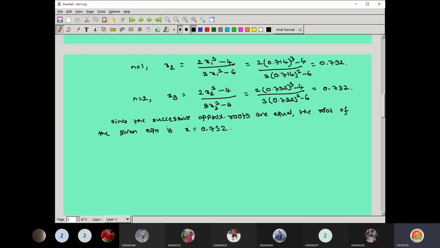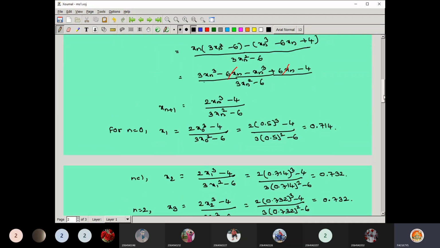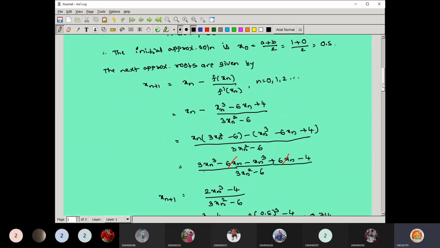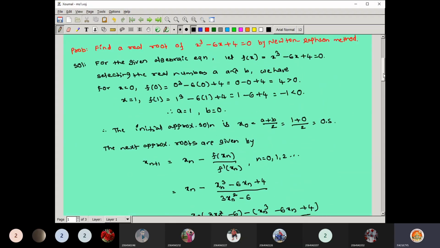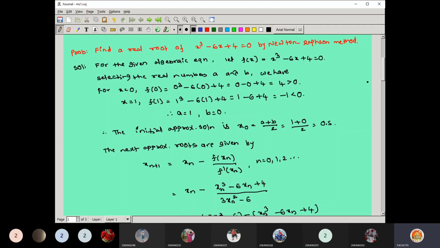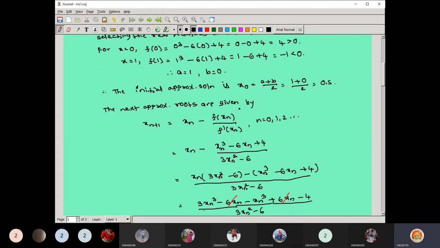So comparing with your previous methods, the Newton-Raphson method is somewhat easy and more effective. Immediately you are going to get your answers. So that is the advantage of the Newton-Raphson method. Very simple. For the given expression, you are just identifying a and b values. Find out first the initial approximate solution by x naught equal to a plus b by 2. And in order to get the next values, xn plus 1 equal to xn minus f of xn by f dash of xn.